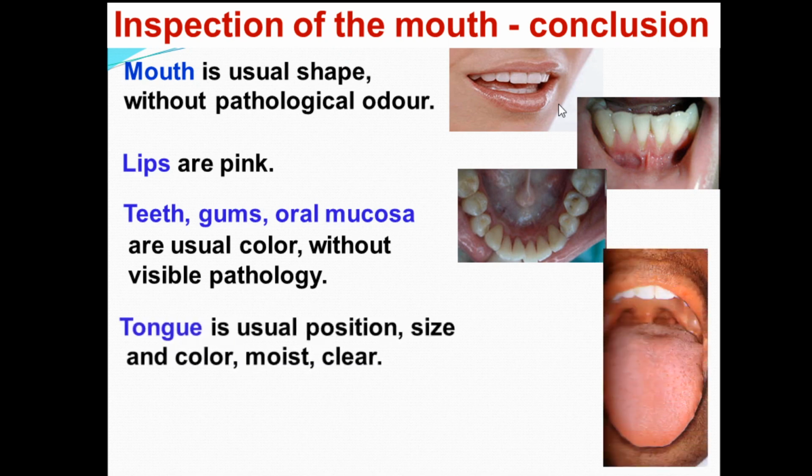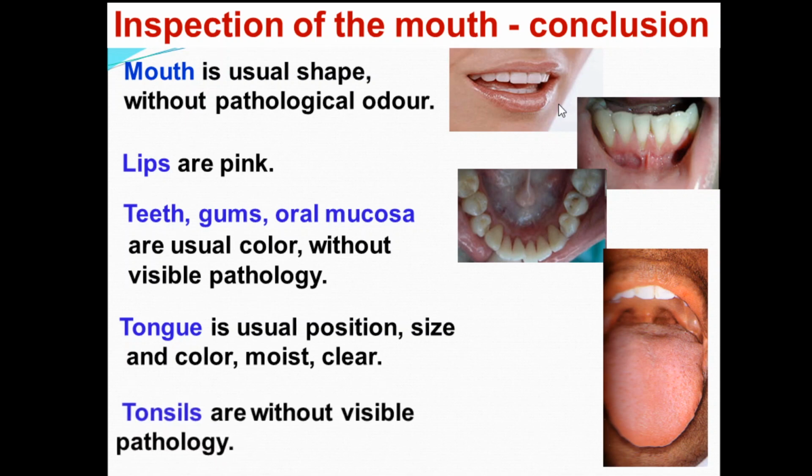Tongue is in usual position, size and color, moist and clean. Tonsils without visible pathology. That's enough for a correct answer after inspection of the mouth. We'll assess generally all the other main elements of the oral cavity, but you must obligatorily ask the patient to open the mouth and assess all elements of the oral cavity.